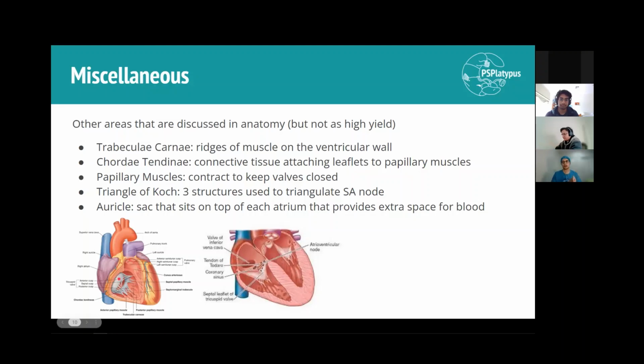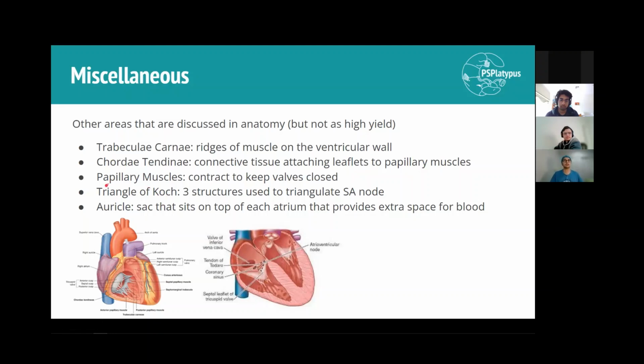You can have a look online as well, like animations as to how they work. Those papillary muscles contract to keep them shut. But then the chordae tendineae are the little tendons or connective tissue that connects those papillary muscles to the valves themselves. Kind of like your normal muscles, right? There's an actual muscular bit and then a tendon attaching it to either end of a bone, but in this case, it's going to be the papillary muscles on either side.